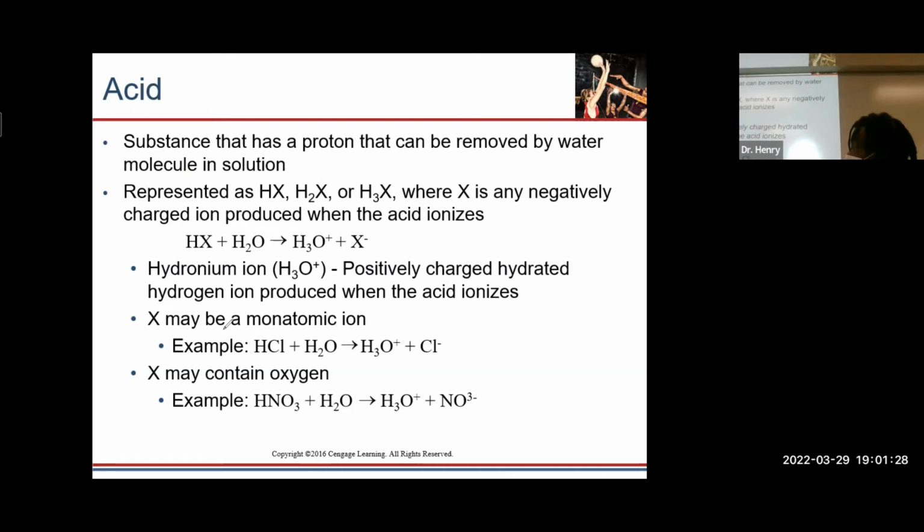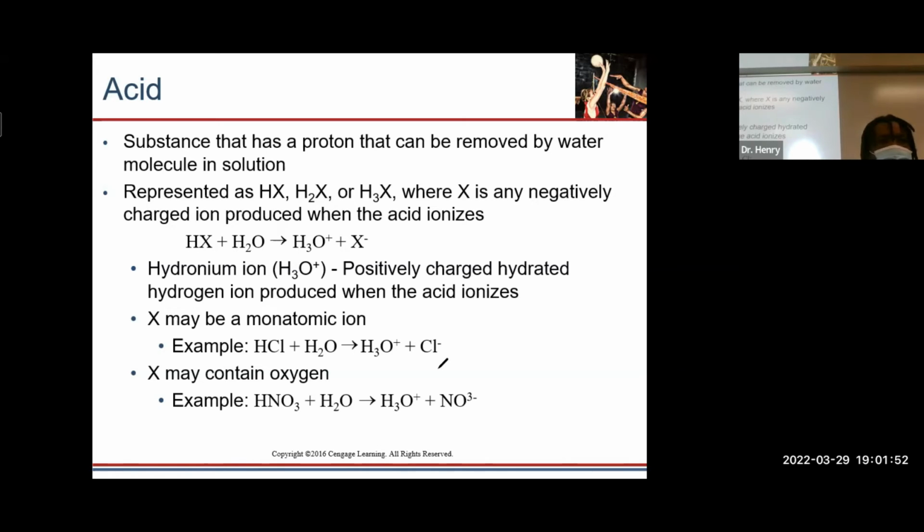So X here is going to represent a monatomic ion. So we have hydrochloric acid. If we have that hydrogen chloride bubbled into water, then we get the hydronium ion and we get the chloride ion. Now, if it's a strong acid, it's going to happen immediately.